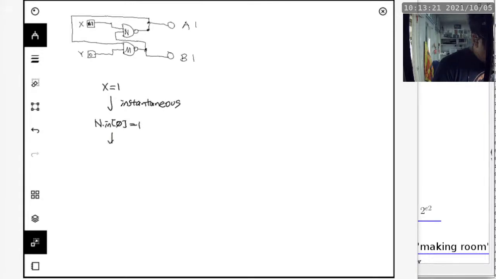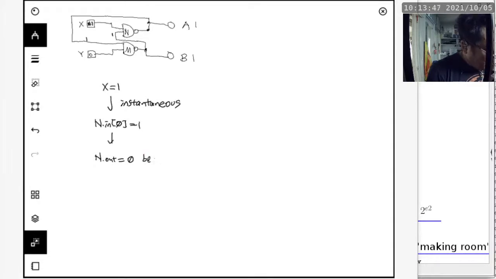And then now what is happening to n? You have to keep track of what it was. So this input was a 1, and this input was also a 1. So now, at this very moment, both inputs of n are 1s. After a certain delay, the output of n will become a 0.